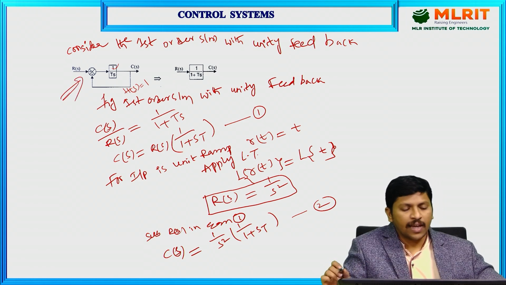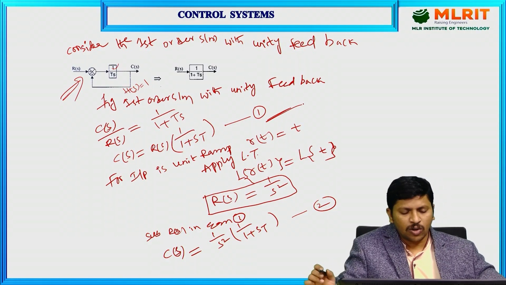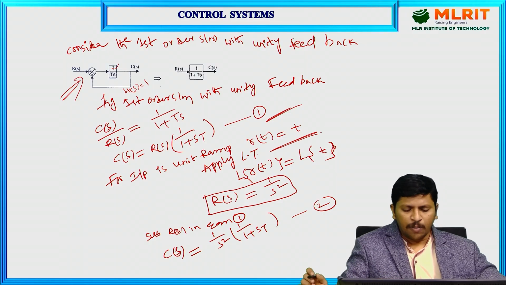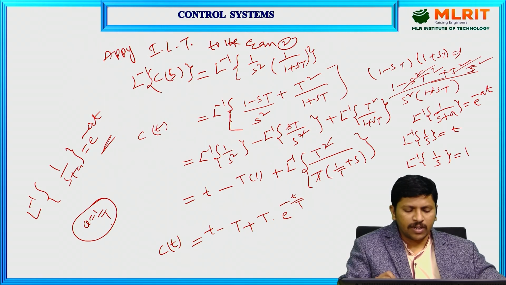From that we calculated the transfer function. This is my transfer function C of s. We know the input signal is a unit ramp, so R of t equals t. Apply the Laplace transform to the input signal, converting it into the s domain: R of s equals 1 by s square.